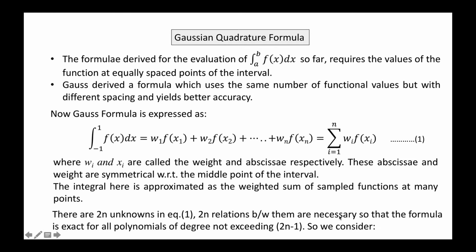If you have 2n unknown variables, then you need at least 2n equations to solve them simultaneously and find their values. So 2n relations are necessary so that the formula is exact for all polynomials of degree not exceeding 2n minus 1.